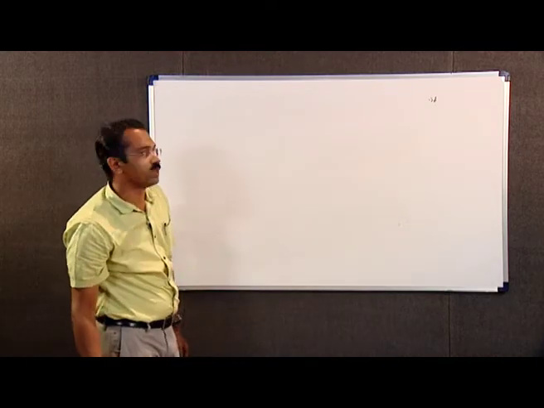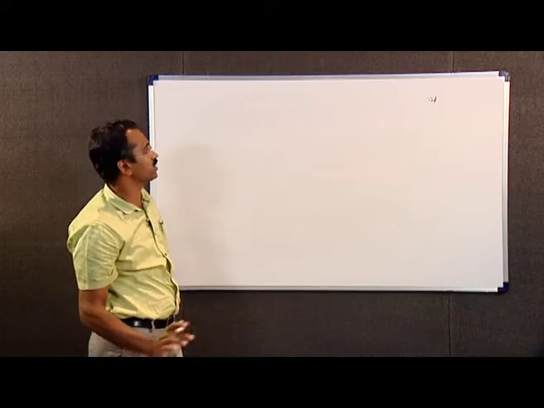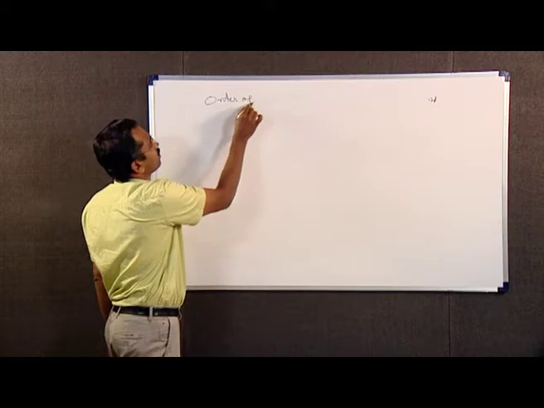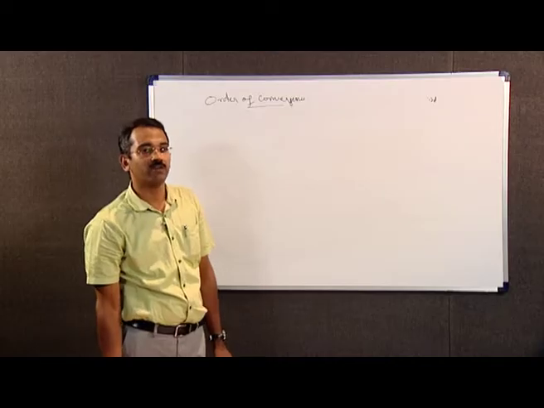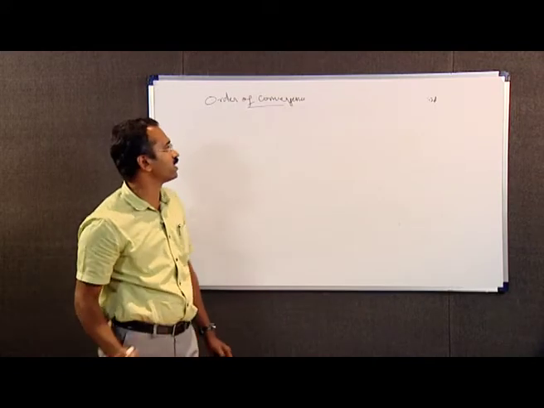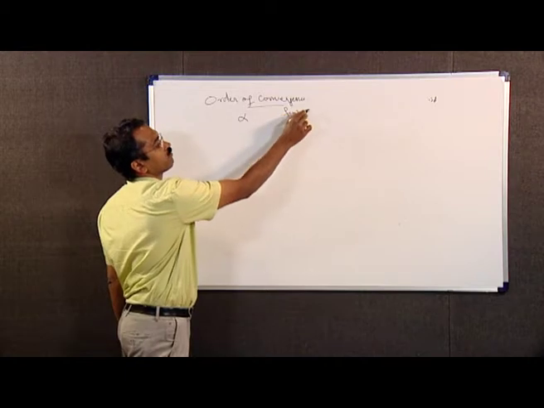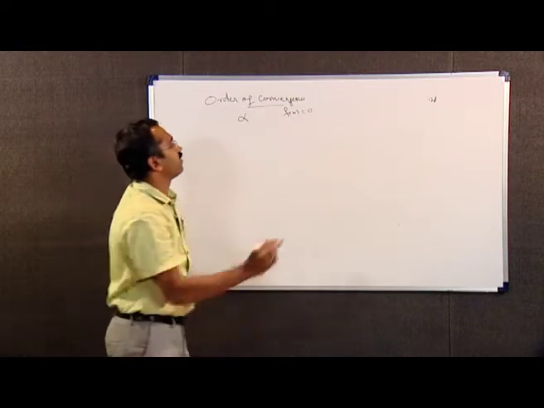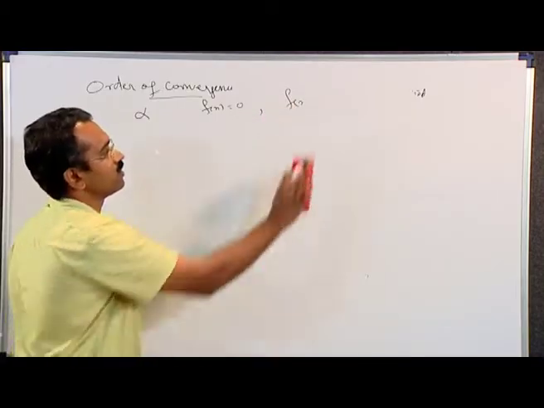Now, I will explain the order of convergence in the Newton-Raphson method. Order of convergence. Let alpha be the root of the equation f of x equal to 0. Then f of alpha is equal to 0.